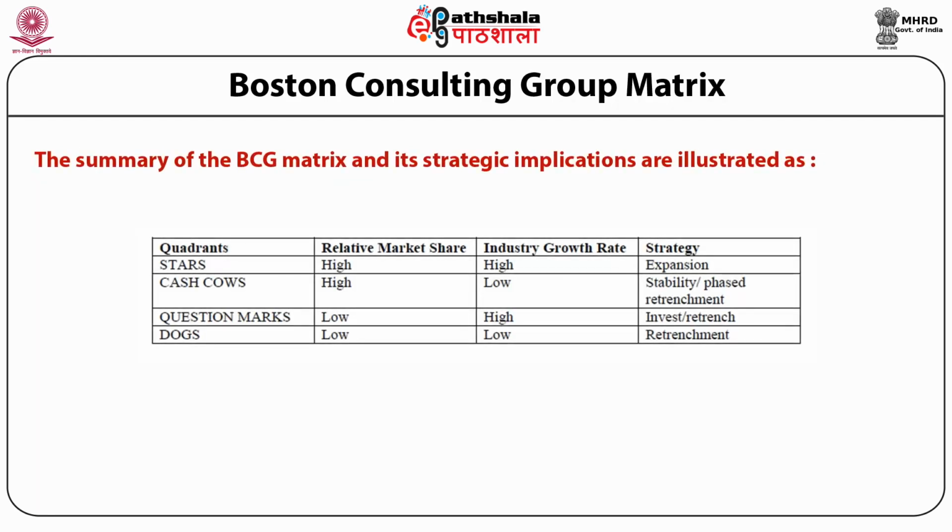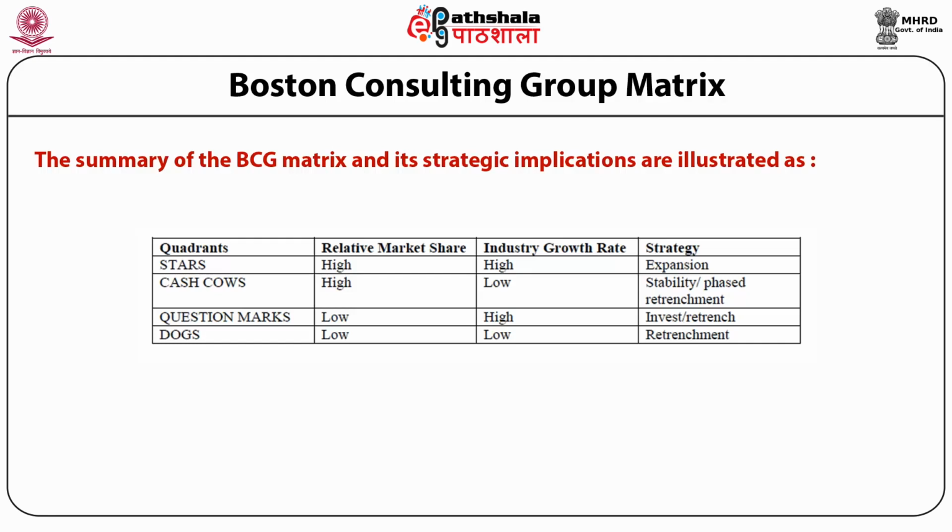The summary of BCG matrix and its strategy implication are illustrated as below. Stars. They have relatively high market share, high industry growth rate, and the strategy recommended is expansion. For the cash cows, the relative market share is high, industry growth rate is low, and the strategy recommended is stability or phased retrenchment.